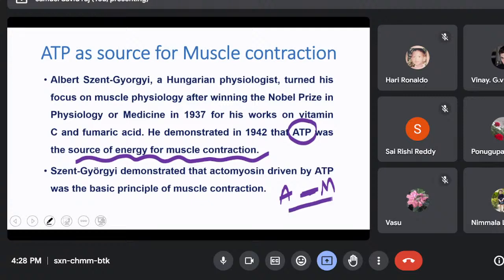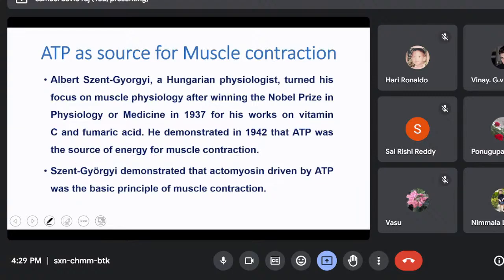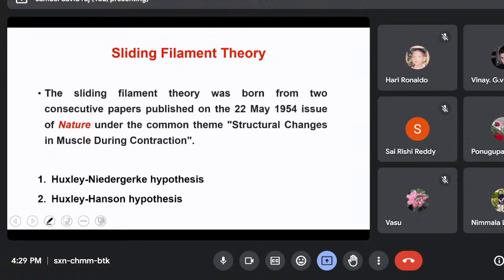So this actomyosin complex is said to be driven by ATP as the source of energy. The formation of the actomyosin complex, leading to muscle contraction, is under the regulation of the energy released by the breakdown of ATP, according to Szent-Györgyi.